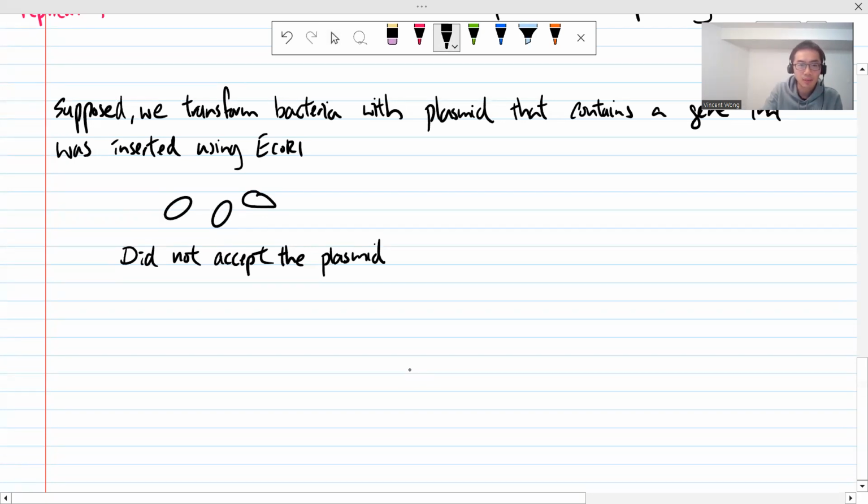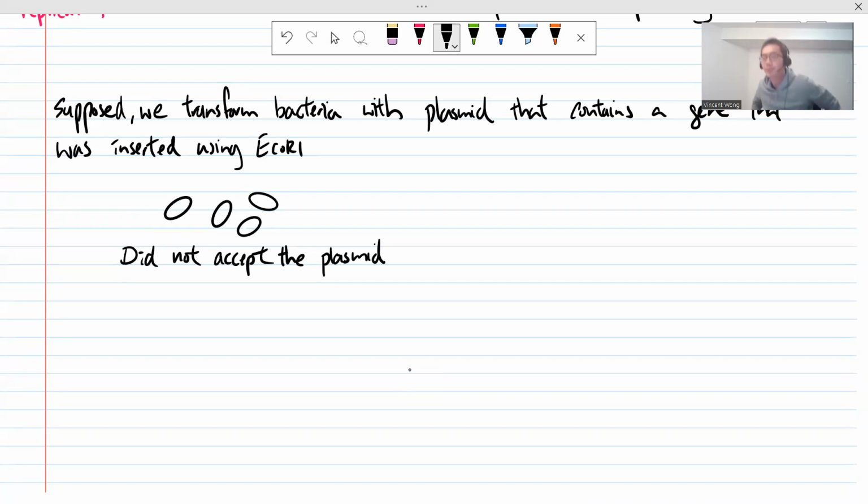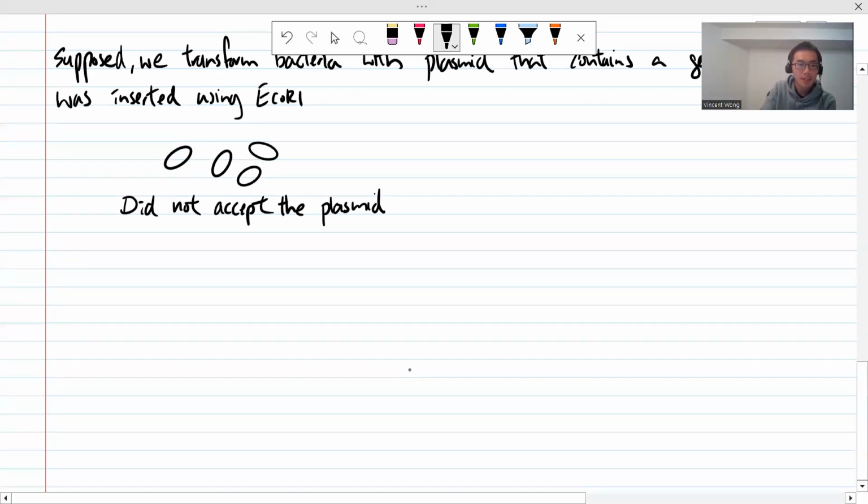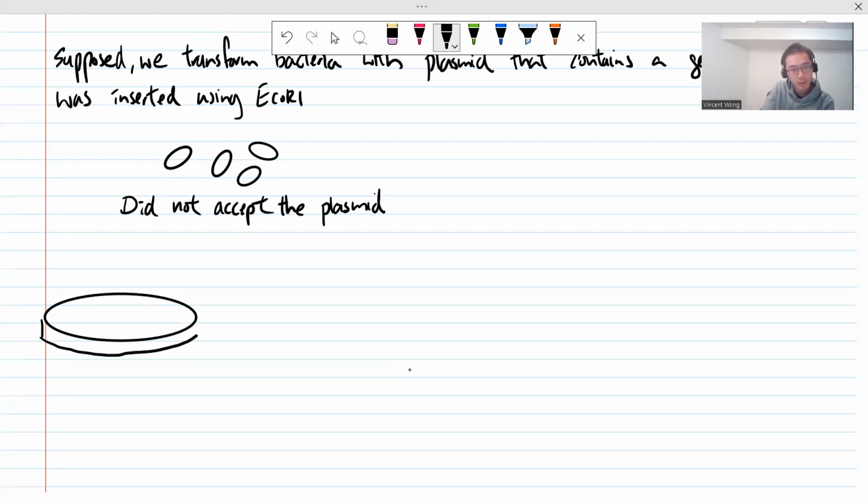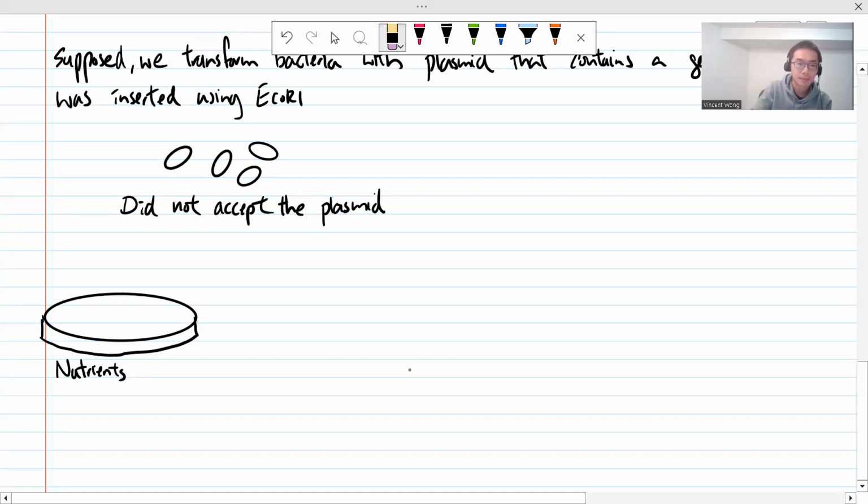Okay. We have a group of bacteria that are not resistant. They didn't want to accept the plasmid. So let's see what happens if I grow them on a petri dish. Okay, this is the dish I just showed you. Okay, and it just has basic nutrients and nothing else.